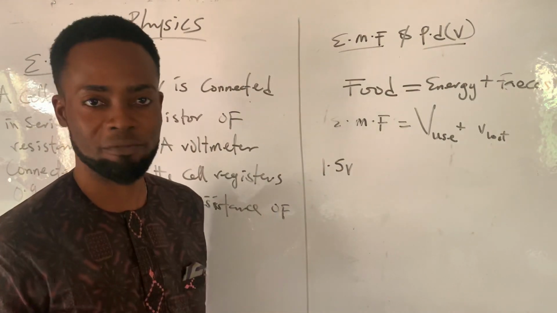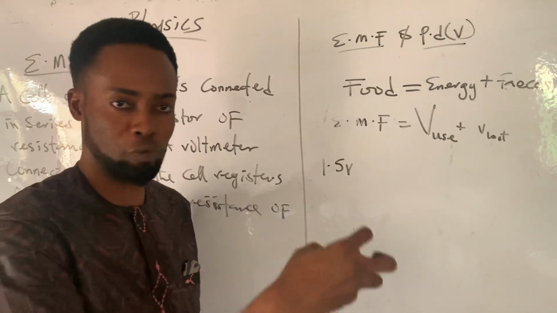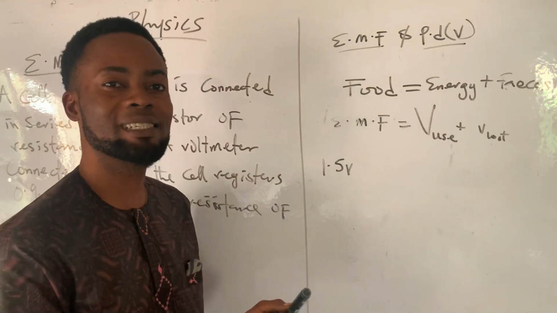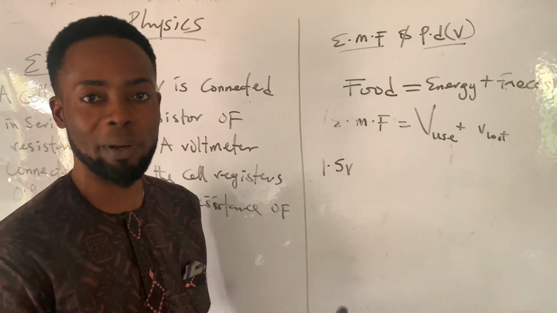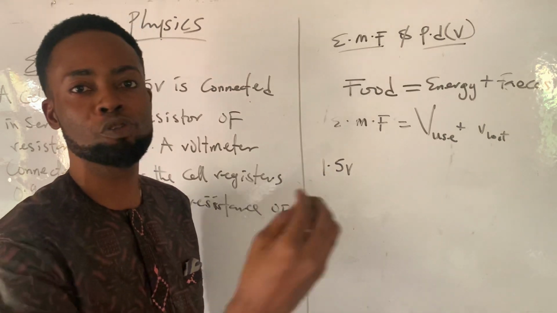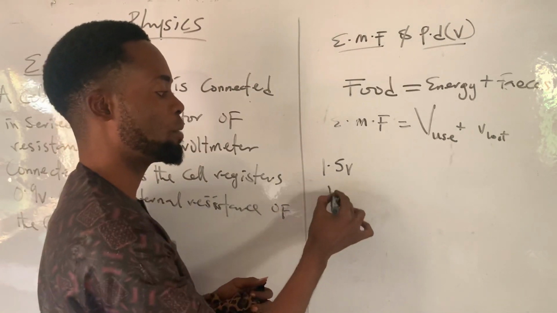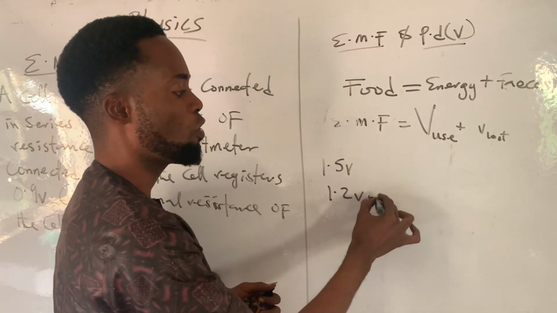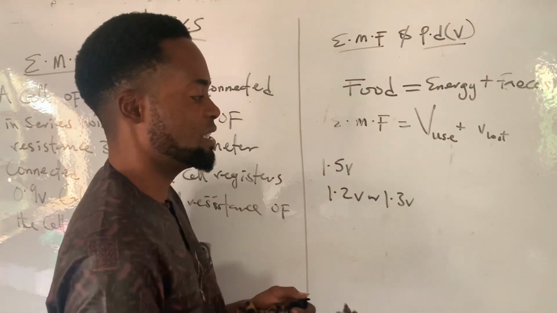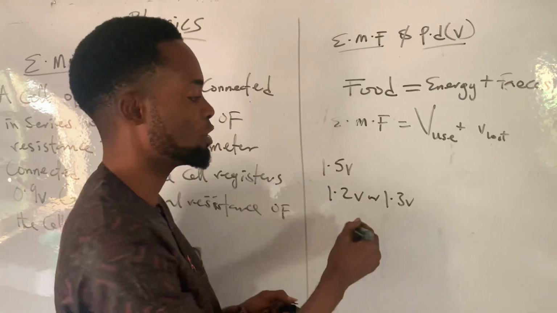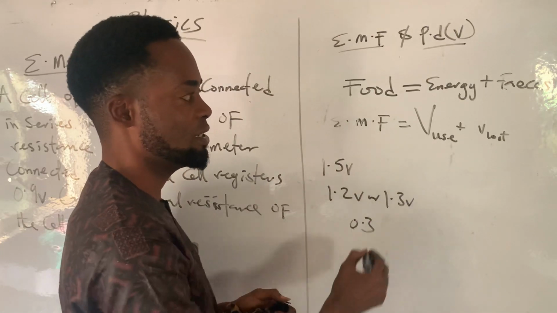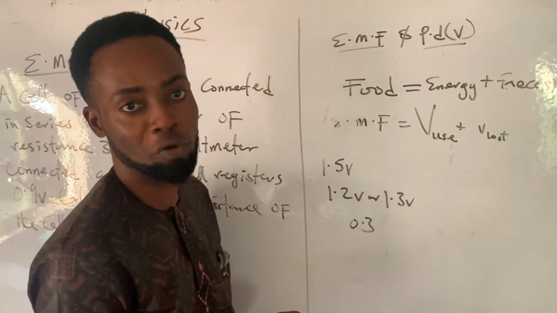That is the EMF. That is the input. But by the time you connect it to a voltmeter to read, or connect it to any appliance, what it gives you will probably be 1.2 volts or 1.3 volts. Now, there's a missing voltage there, a lost voltage of 0.3. So that is what we call the lost voltage.